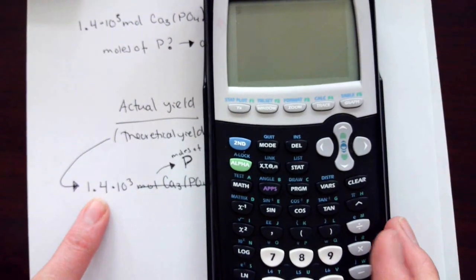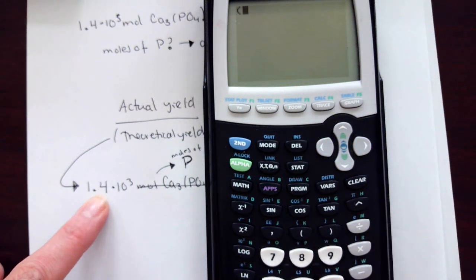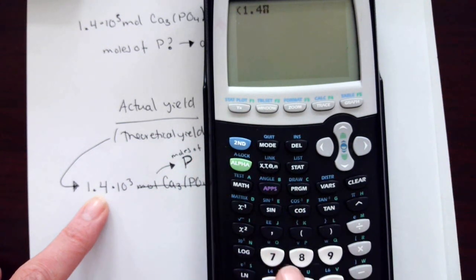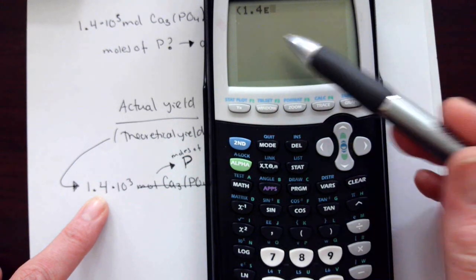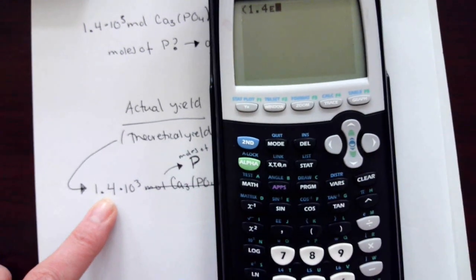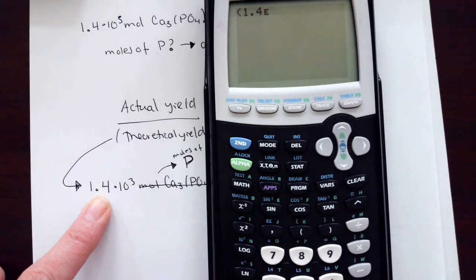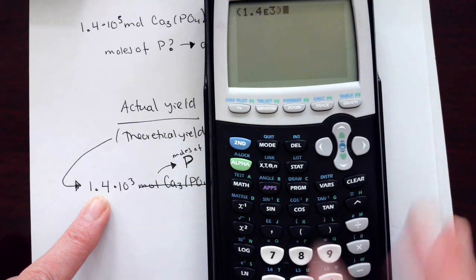If I wanted to type this number in, I would put it in parentheses first of all, and then I would type 1.4, and then you hit the second function, so the blue button, and then the comma, the one right above the 7, because that EE is what I need. And it's actually going to spit out 1E for me. What that 1E tells me is that this is 1.4 times 10 to the exponent of, so this is where I type my exponent, it is 3, right parenthesis.